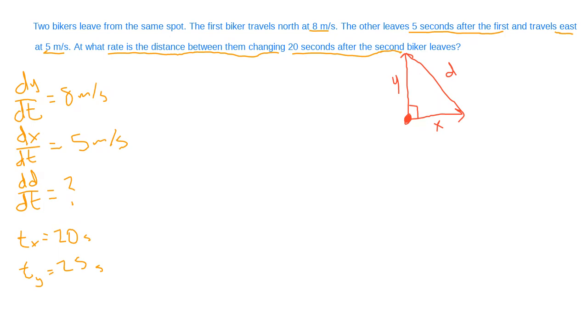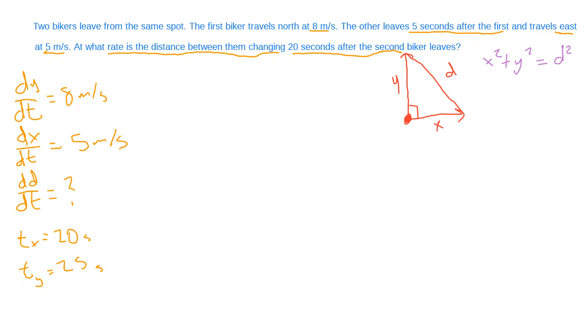All right, now let's look and see what we can do using this information. We can actually go ahead and figure out what to do with having an x and y and a d, because we can use our Pythagorean theorem. We can say x squared plus y squared equals d squared. We can start to derive this.